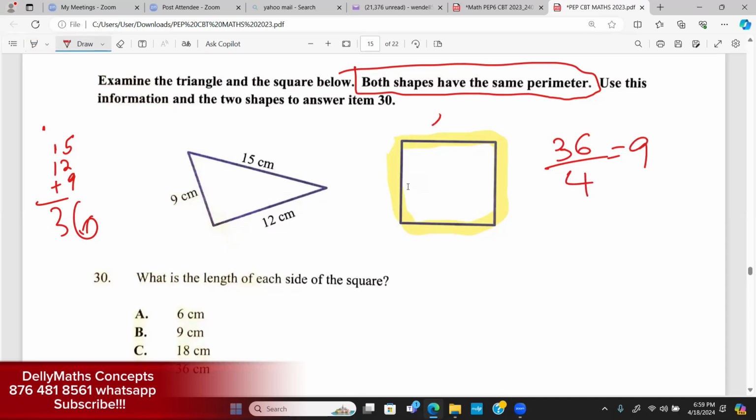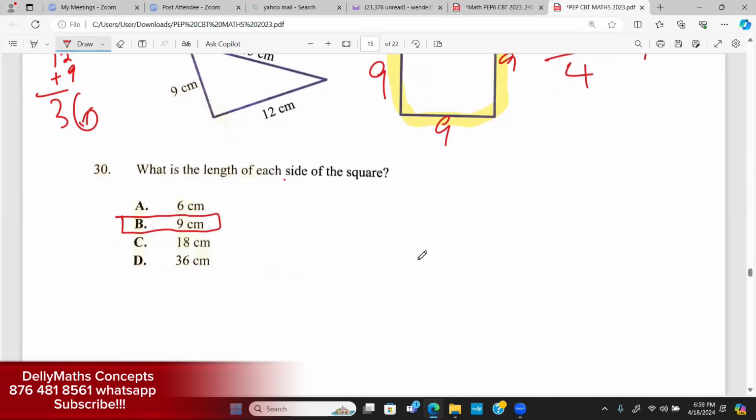I'm going to get 9. So basically 9, 9, 9, 9. So what is the length of each side of the square? It's going to be 9. Because remember, for the square, all the sides are equal. So I could just divide its perimeter. And we know that the perimeter for the triangle will be the perimeter for the square. So you use it wisely.